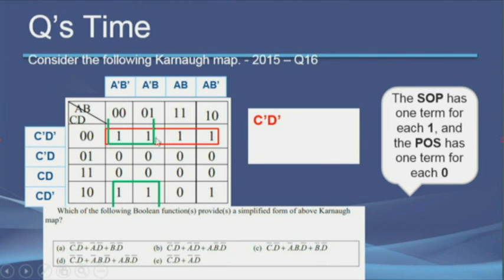Therefore, here you can see A bar is common, B bar and B is here not common, and you can see D bar is common, C is not common. So, A bar and D bar here, and again four ones in the corners, and again you can come up with the answer B bar and D bar. So, simply you can get the answer in option A.